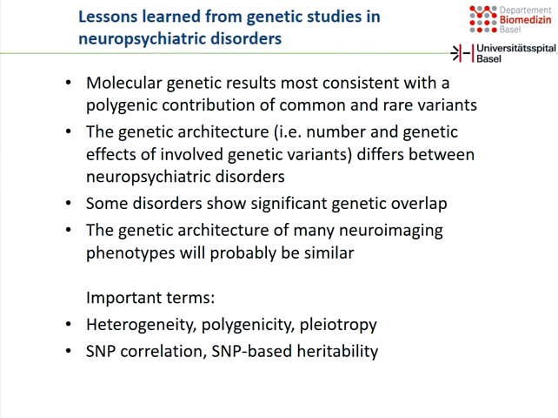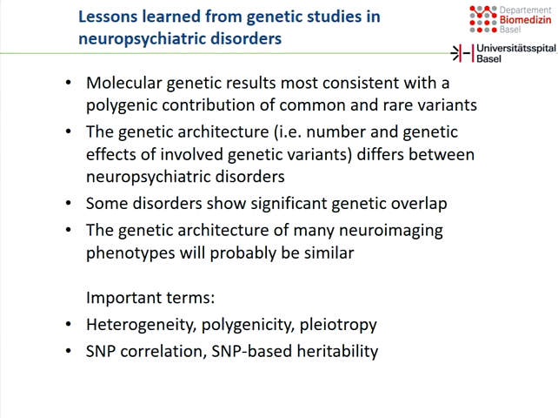There are some disorders that show significant genetic overlap, something that we did not know before. We can quantify the genetic overlap between different phenotypes or disorders. And the genetic architecture of many neuroimaging phenotypes will be similar, and Tom will elaborate on that further in the next talk.